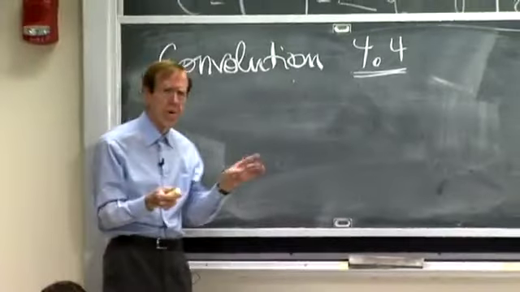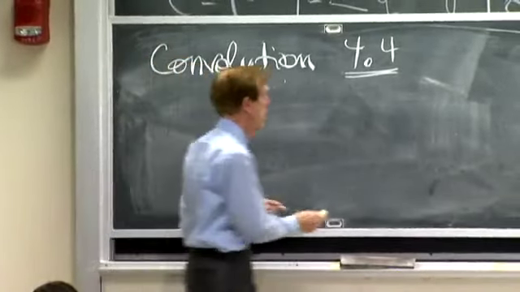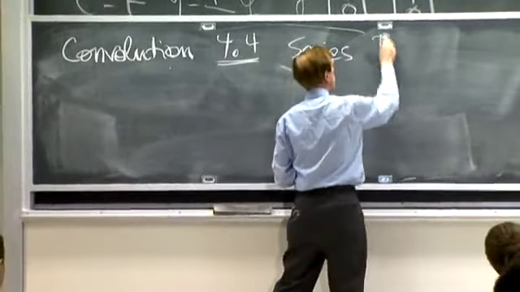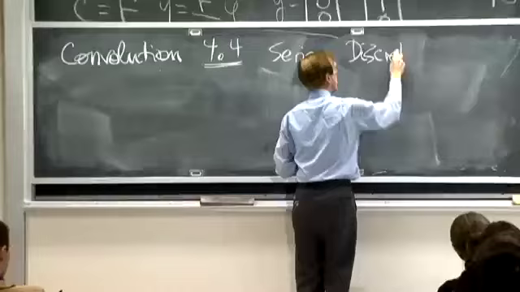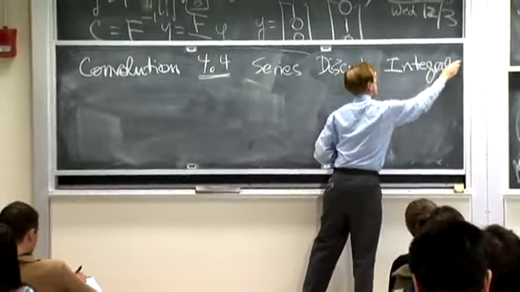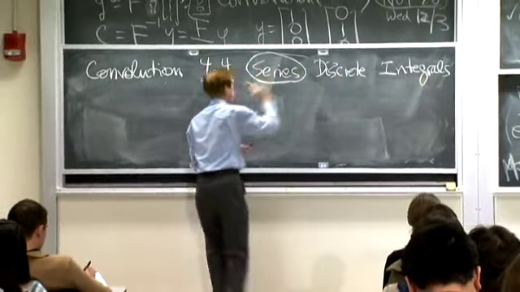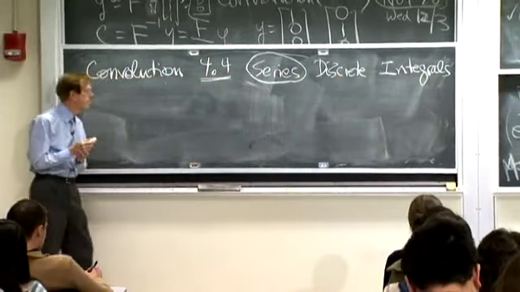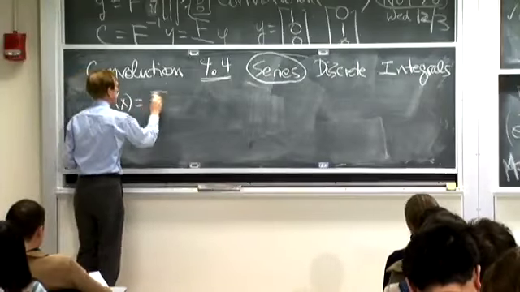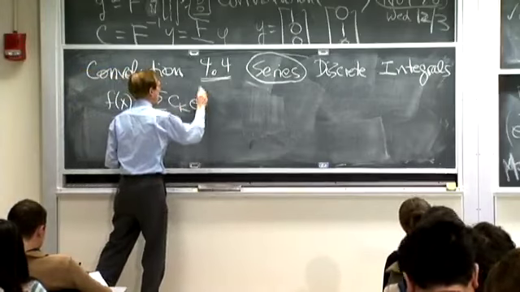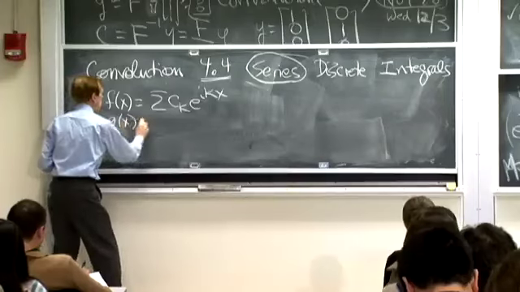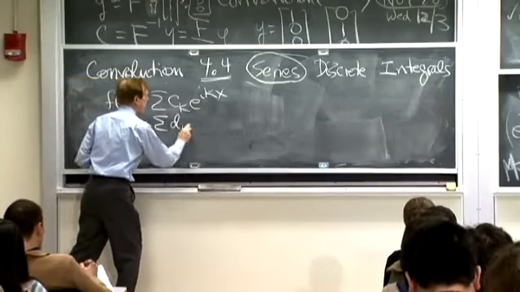And let me do it first for Fourier series. It works for convolution of series, convolution of discrete, convolution of integrals, but we haven't got there yet. So I'll do this one, the series. So let me start with a couple of series. f of x is the sum of c_k e to the i k x, say. g of x is the sum of some other coefficients.